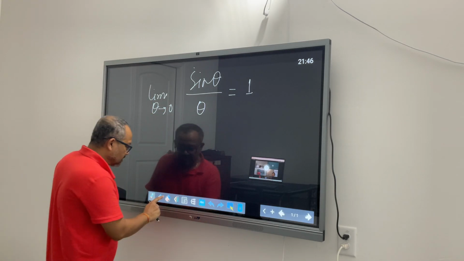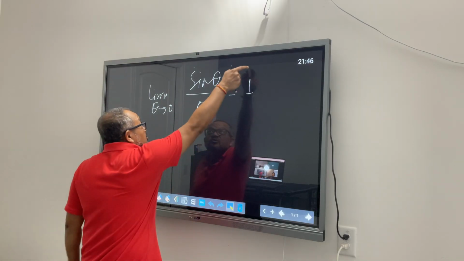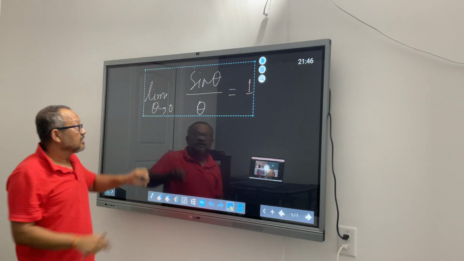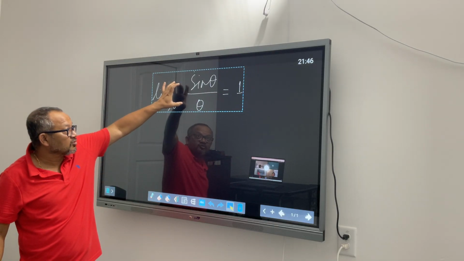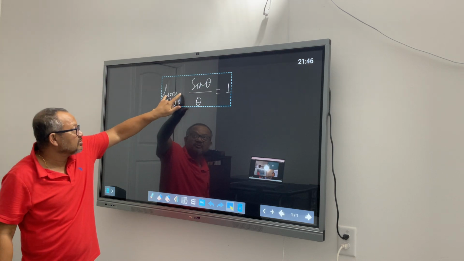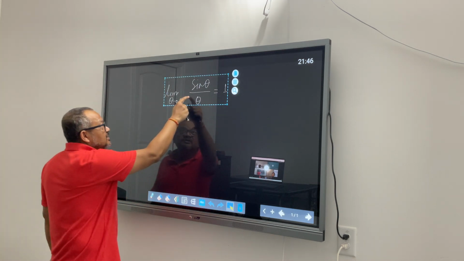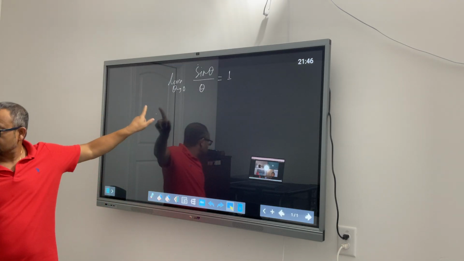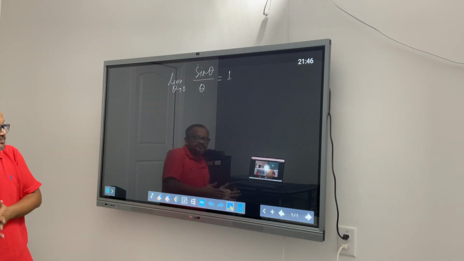Our goal is to prove this. If the teacher is able to prove this, which doesn't seem to be right, then this teacher is worth spending time with, otherwise there is a problem. Let's look at it.